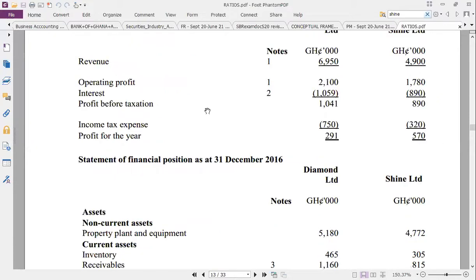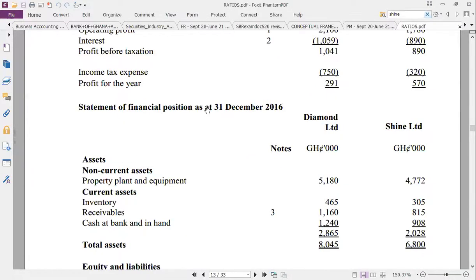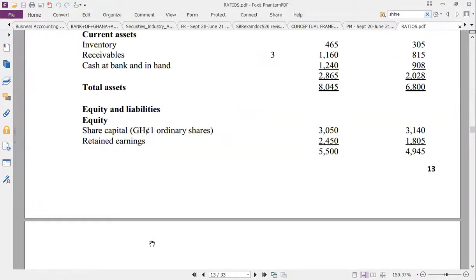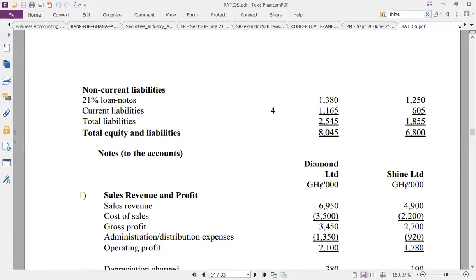The same thing applies to cash flow. Cash flow, we want the changes in the working capital. So that's the trade. Cash and cash equivalents, we don't need that one. We go to equity, don't need. Then 21% loan notes, okay.